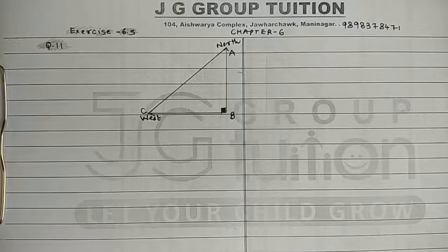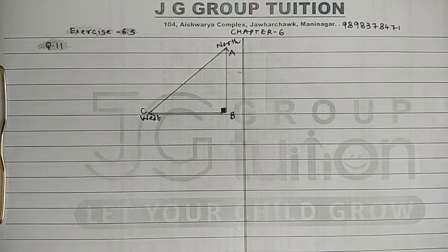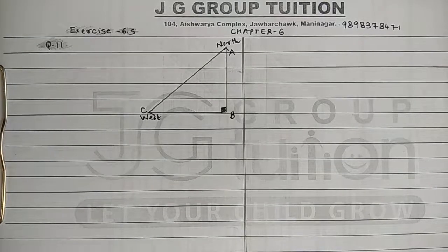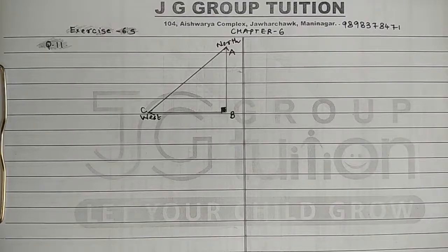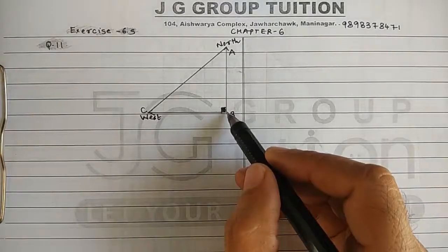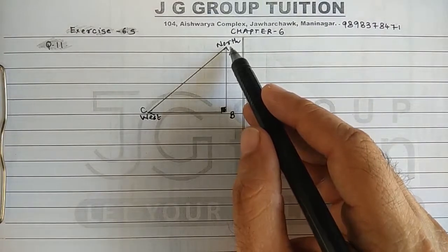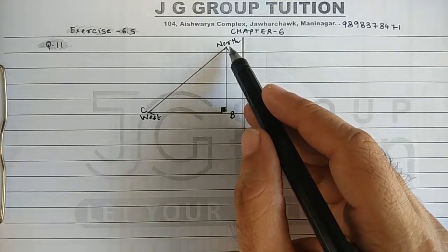Let us continue with question number 11, which is one of the very good questions of this exercise. It is given in the question that an aeroplane leaves an airport and flies due north at the speed of 1000 km per hour. Suppose a plane started its journey from here and this is the north direction. So the speed of the plane is 1000 km per hour.